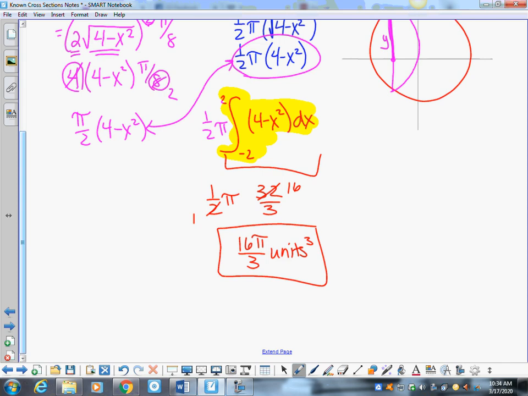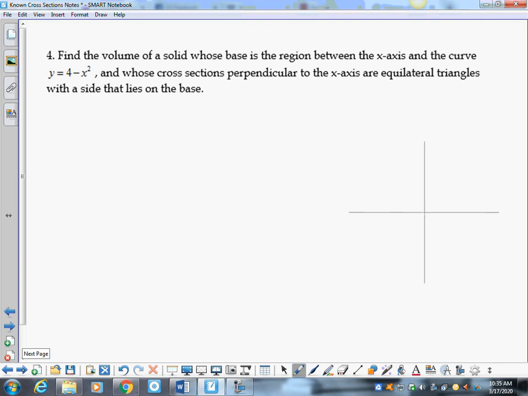Okay, moving on. Okay, so finally we have a different base figure. Find the volume of a solid whose base is the region between the x-axis and the curve y equals 4 minus x squared, and whose cross-sections perpendicular to the x-axis are equilateral triangles with the side that lies on the base.